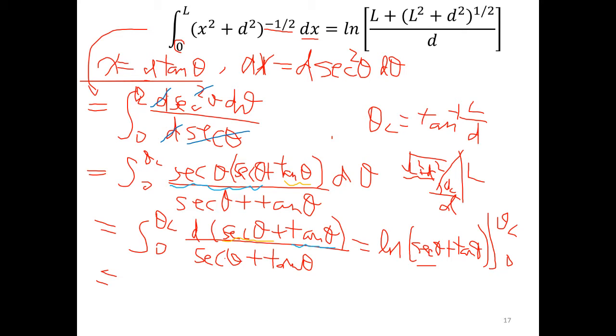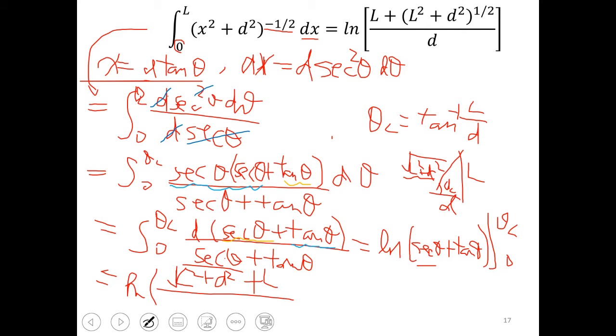And if you substitute 0 into this expression, it becomes 0, because secant 0 is 1, tangent 0 is 0, and ln 1 is 0. So finally, we will have ln of the square root of L squared plus d squared over d, plus L over d. The square root of L squared plus d squared over d is secant theta, and L over d is tangent theta, and we have ln. So we prove this one.